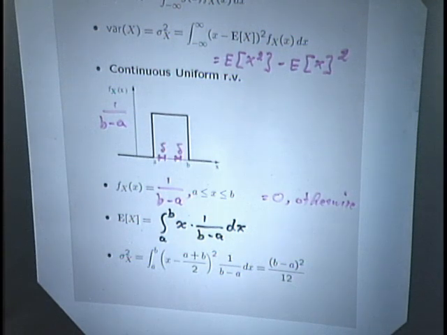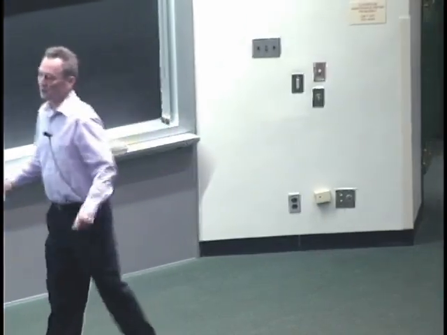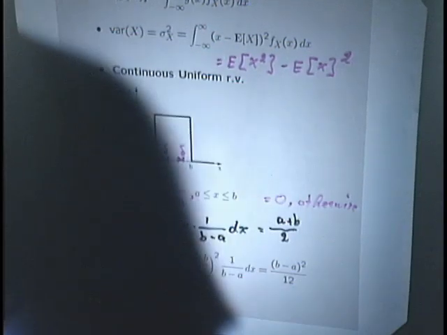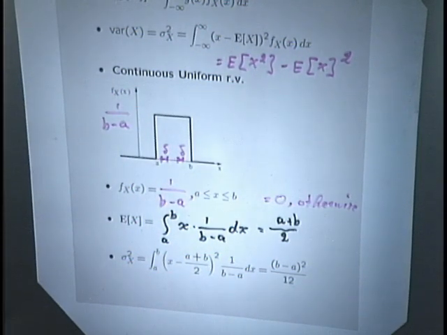Since the center of gravity interpretation is still true, it must be the center of gravity of this picture, and the center of gravity is, of course, the midpoint. Whenever you have symmetry, the mean is always the midpoint of the diagram that gives you the PDF. Okay, so that's the expected value of x.